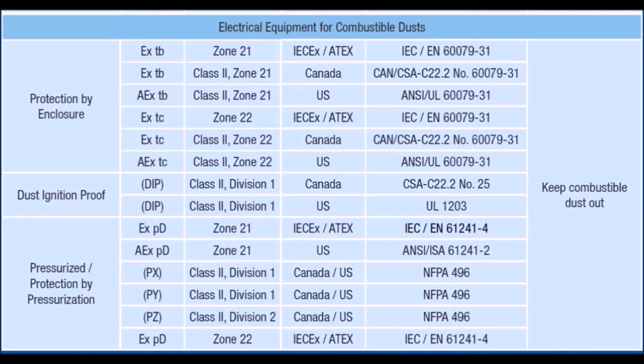Then there's protection by pressurization, EXPD, AEXPD. There's PX, PY, good for Class 2 Division 1, and PZ, which is Class 2 Division 2. Then there's EXPD for Zone 22. All of these are to keep combustible dust out.